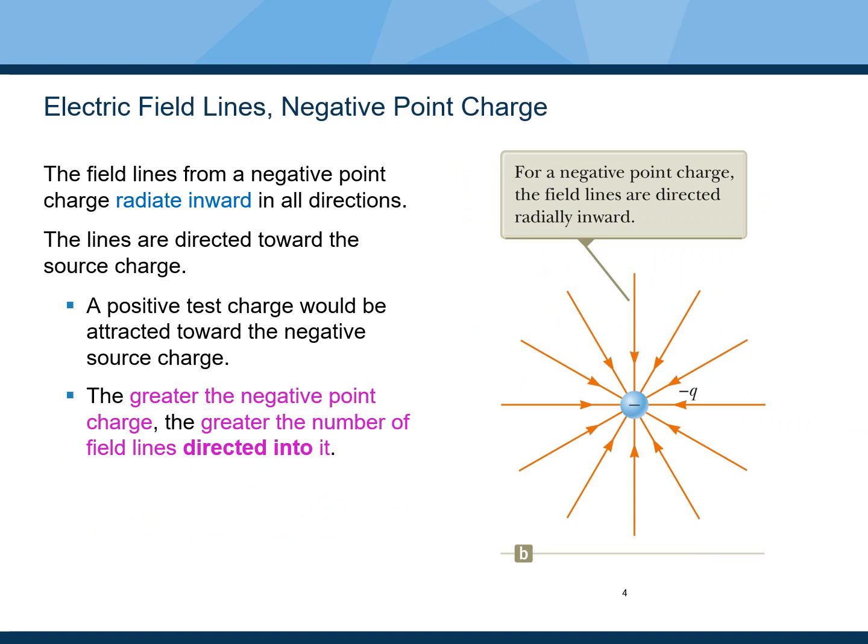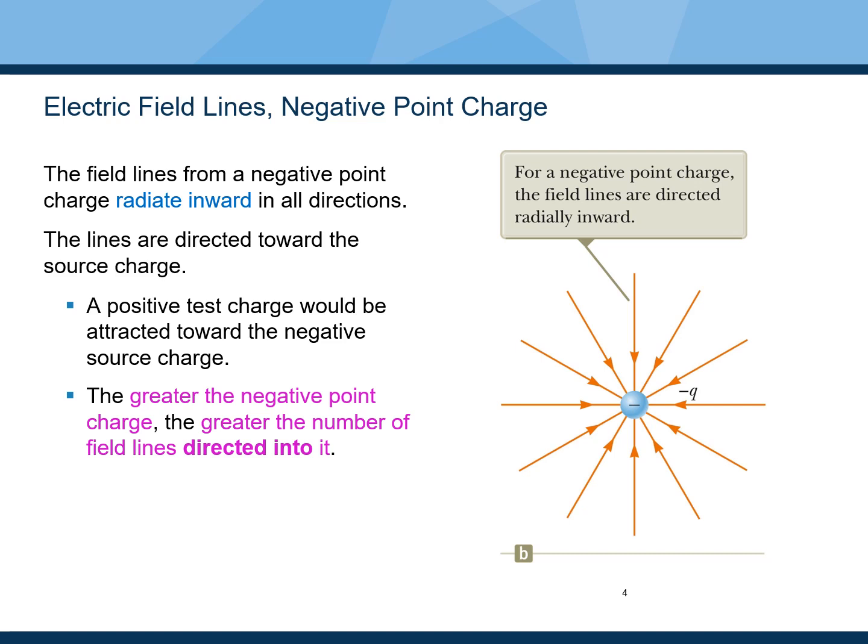Now we've also studied that the electric field points into a negative charge, and that is again reinforced by the fact that the corresponding electric field lines point into a negative charge. So electric field lines emanate out of a positive charge. As you saw in the previous figure, electric field lines radiate inward into a negative charge, as you see in this figure.